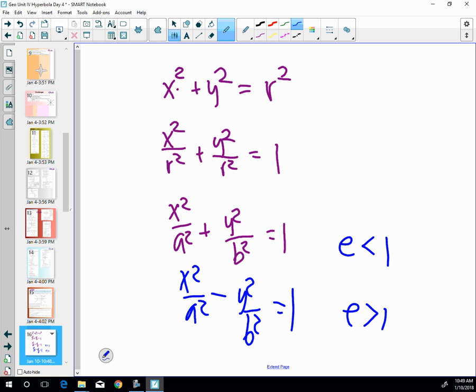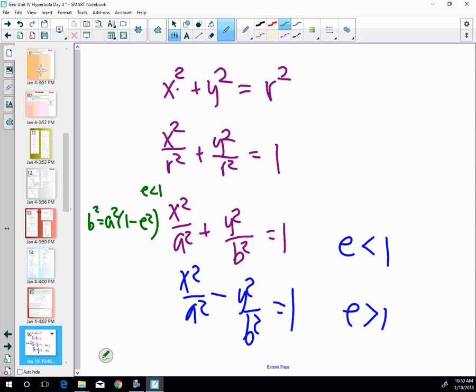And the reason it works this way is, go back to this formula for b squared. b squared is equal to a squared times 1 minus e squared. For an ellipse, e is less than 1, and this is what it looks like. But if e is greater than 1, what will happen to the quantity?